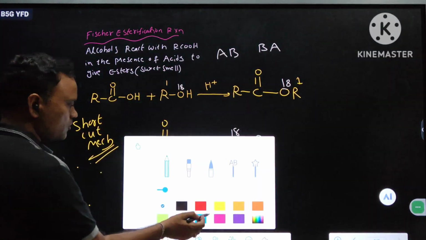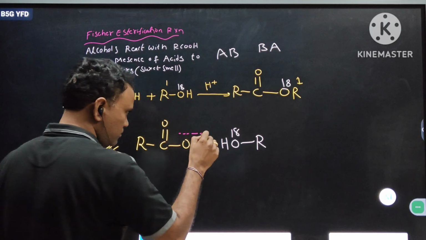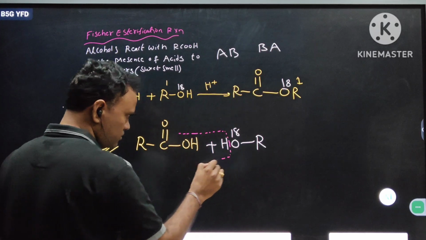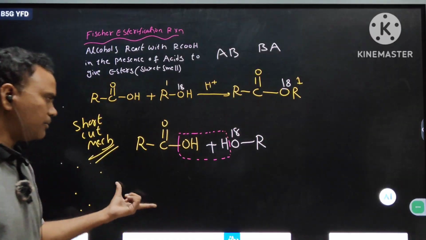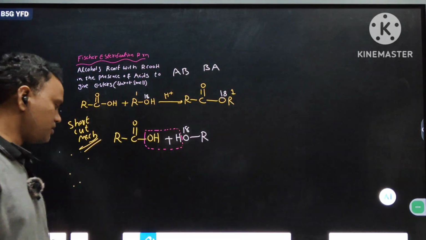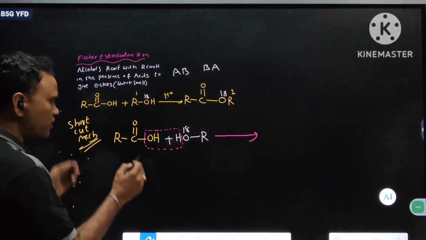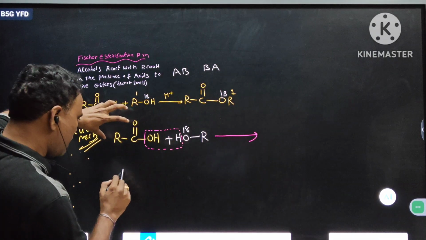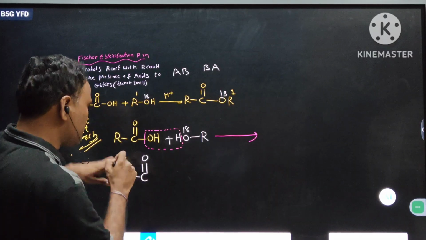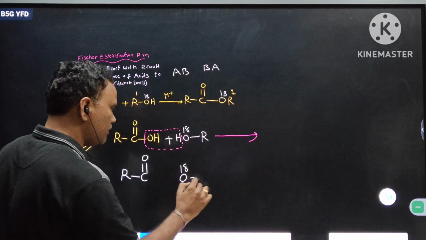Now, remove water. And join the remaining, merge the remaining parts. What are remaining parts here? After elimination of OH and H, RC double bond O is remaining here, and here O18R.